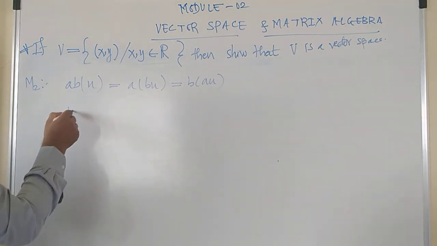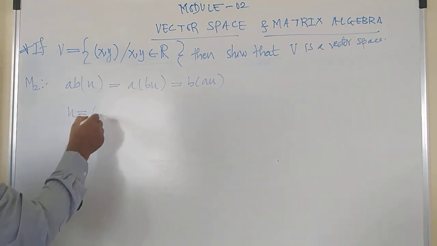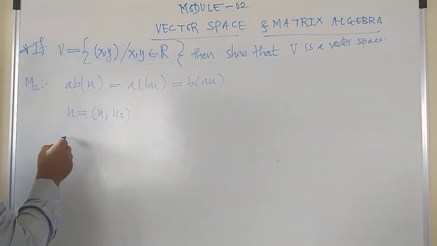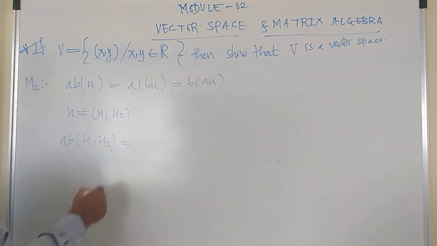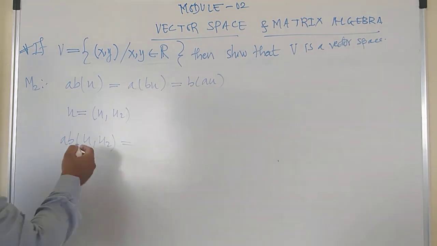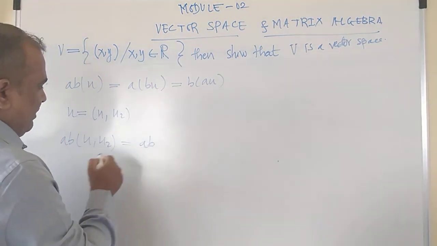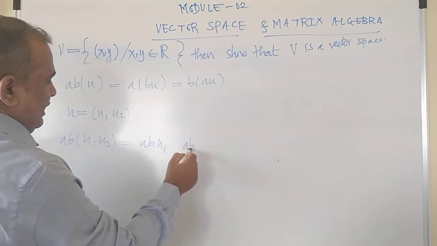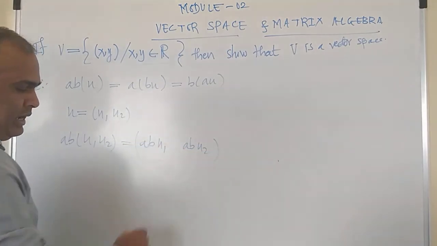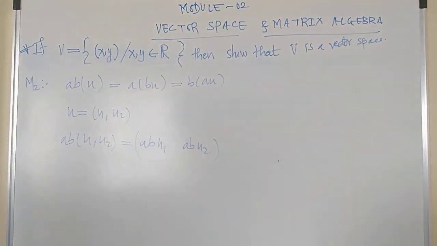Fine. So let us consider a vector u again as (u1, u2) and multiply by the scalars ab to it, and this is equal to, I can multiply the scalars ab to u1 and ab to u2, and I would be able to write it in this way, isn't it?